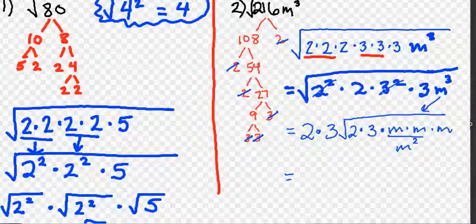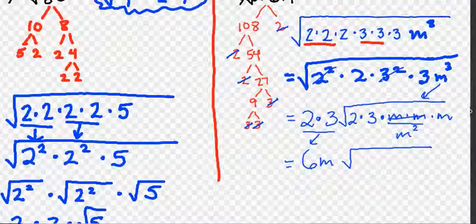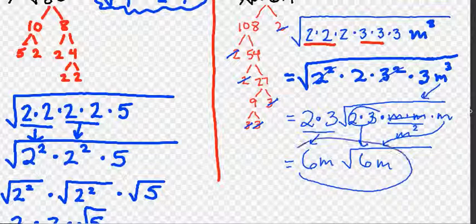We can pull an m out from an m squared. So we've got 6 from right here, and then I'm pulling an m out. This simplifies to a 6, and then we bring this m back down that we didn't use. So our final answer here is 6m square root of 6m.